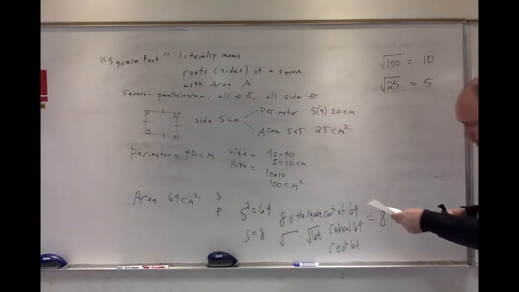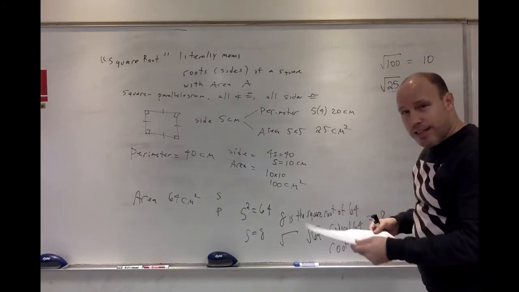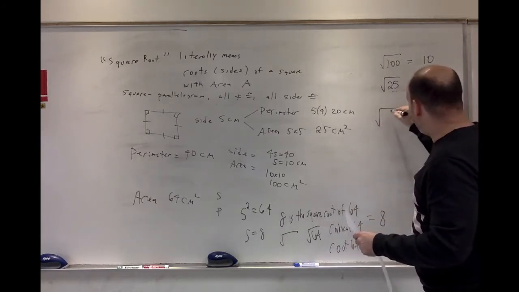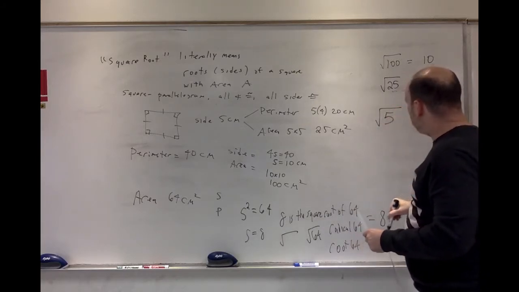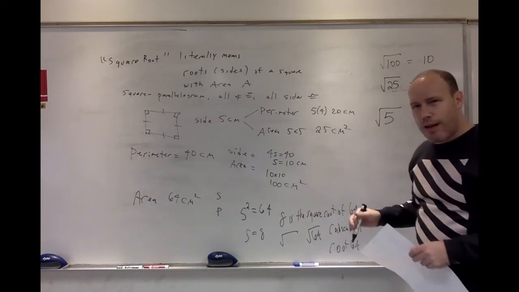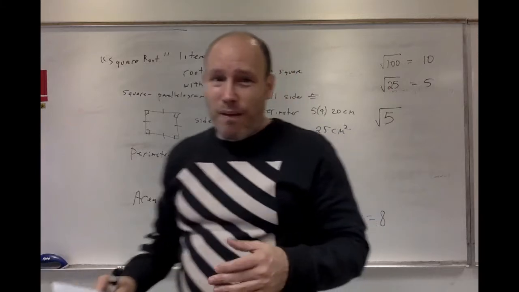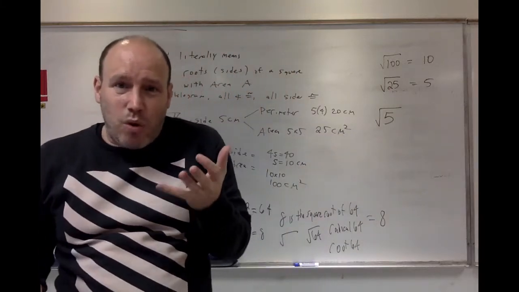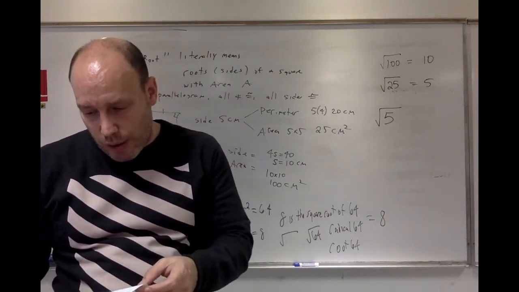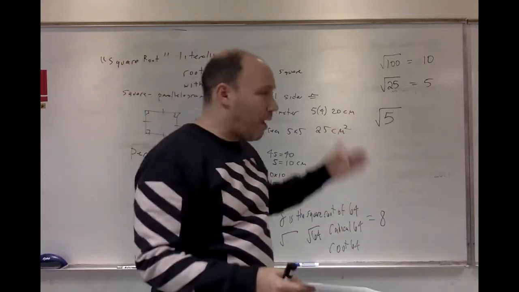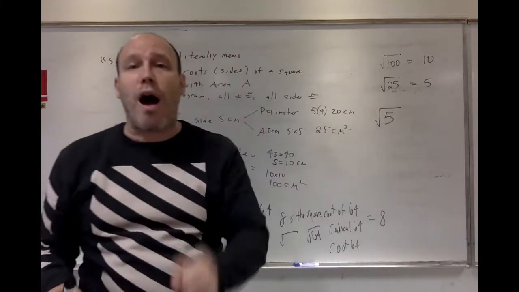Now, that's all fine and dandy until I give you this. What's going on there? My question to you is, what does that mean? You say, that's the square root of 5.